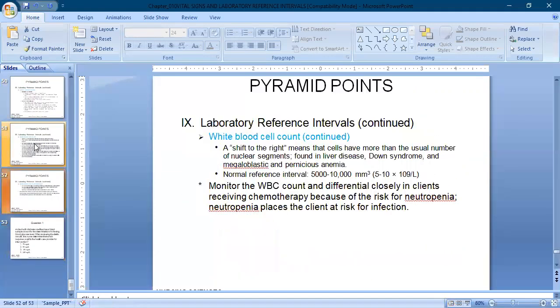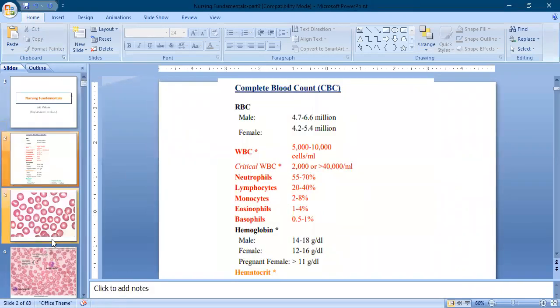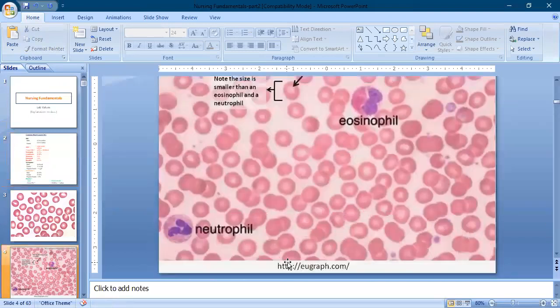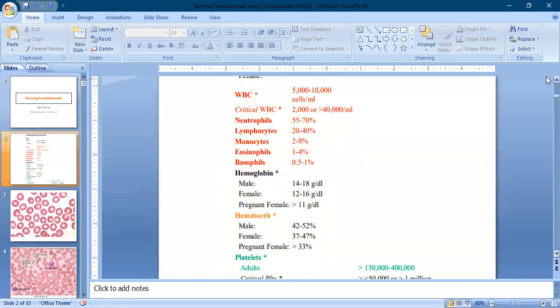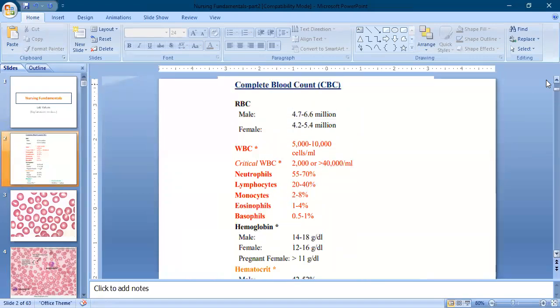Now here is the second picture. This is a red blood cell, and another cell is called eosinophil or neutrophil. They are white blood cells. Red blood cell contains the hemoglobin, and hemoglobin basically carries the oxygen.